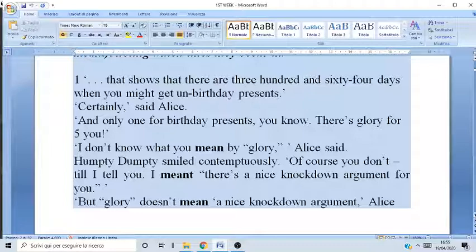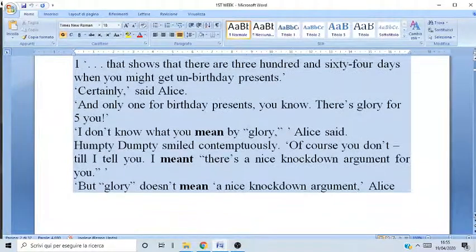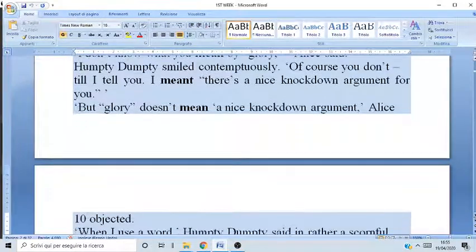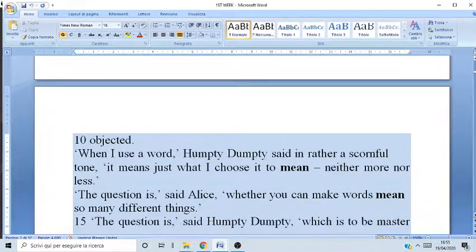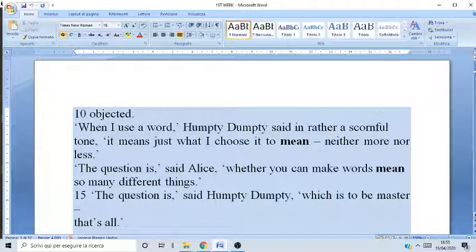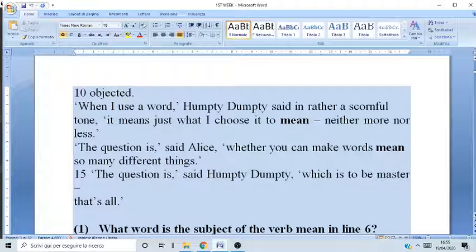But glory doesn't mean a nice knockdown argument, Alice objected. When I use a word, Humpty Dumpty said in a rather scornful tone, it means just what I chose it to mean, neither more nor less. The question is, said Alice, whether you can make words mean so many different things. The question is, said Humpty Dumpty, which is to be master? That's all.